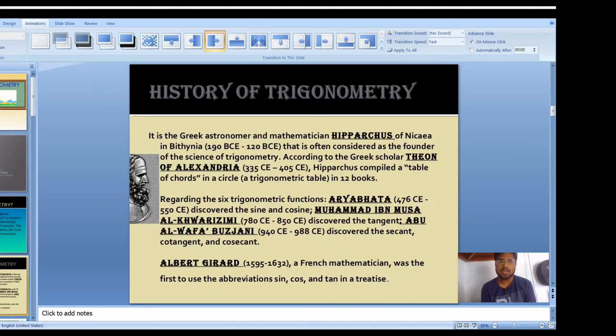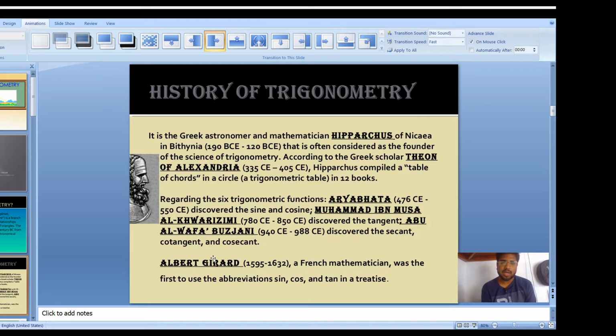Now comes the history of trigonometry. The history of trigonometry starts from the astronomer Hipparchus, who lived around 190 to 120 BCE, and then Aryabhata, from 476 to 550 CE, who found zero and put the base of zero.